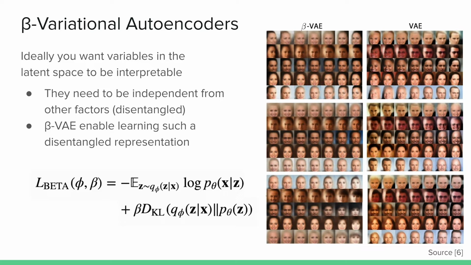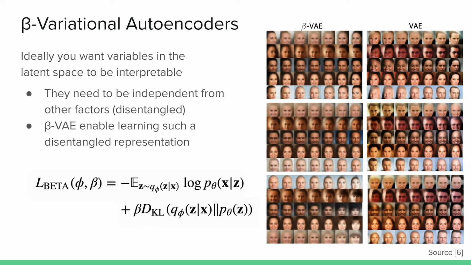In the images on the right side that you see here, the first latent space variable that this neural network learned was something like the head pose. So whenever you change that value, it turns to the left or to the right. It also does that somewhat in standard variational autoencoders, but not as clearly as in beta variational autoencoders.